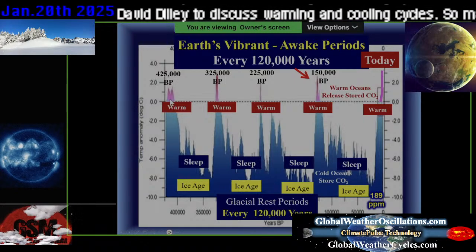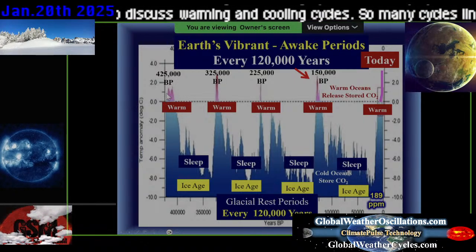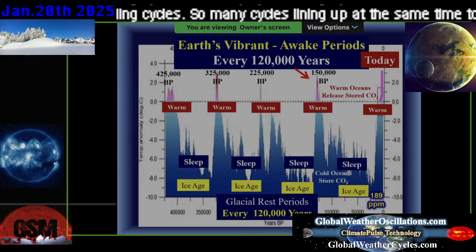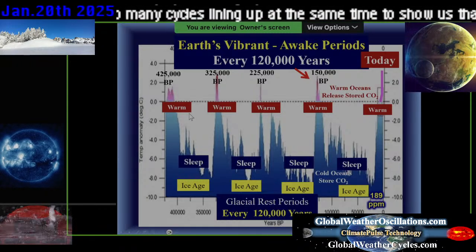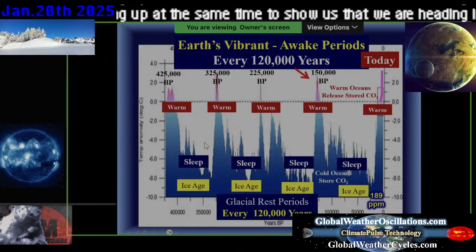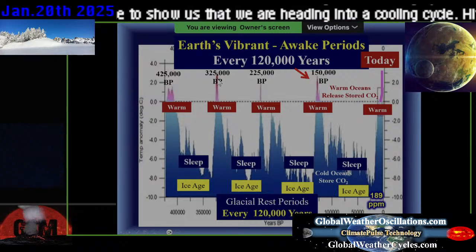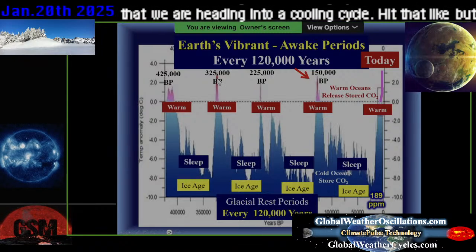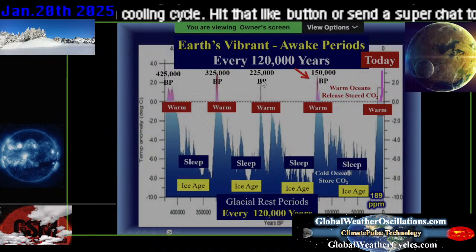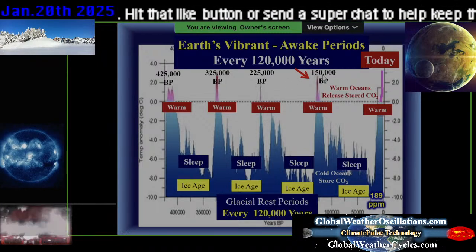Here's a nice long global interglacial warm period back 425,000 years, when we went into a long, deep glacial period, warmed up again 325,000 years ago, 225,000 years ago, 150,000 years ago, and this is today.